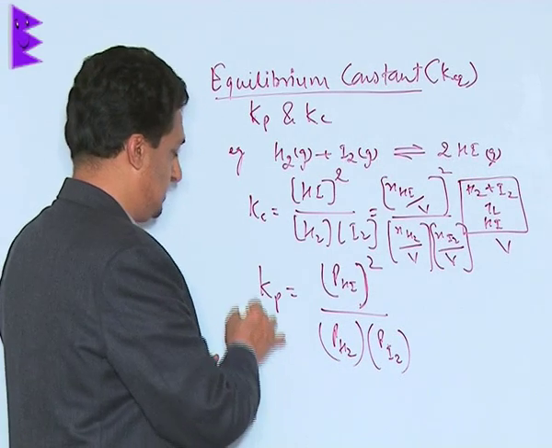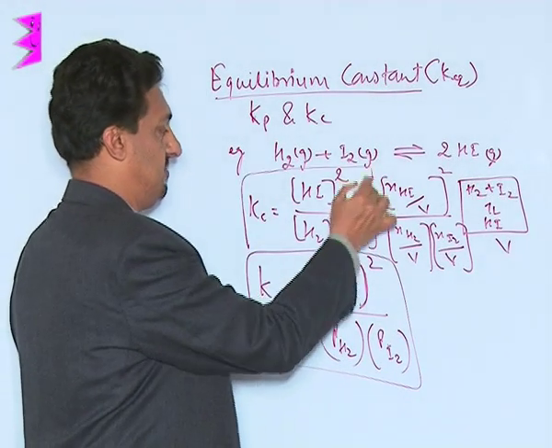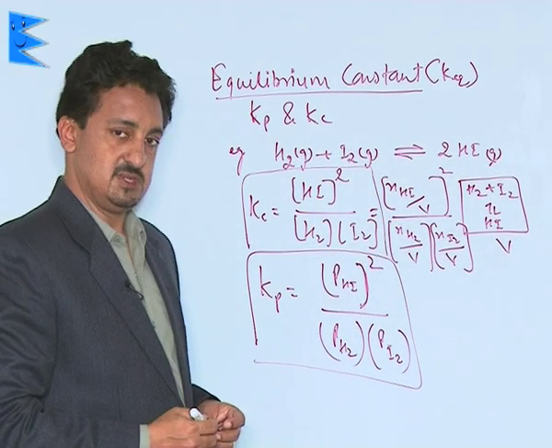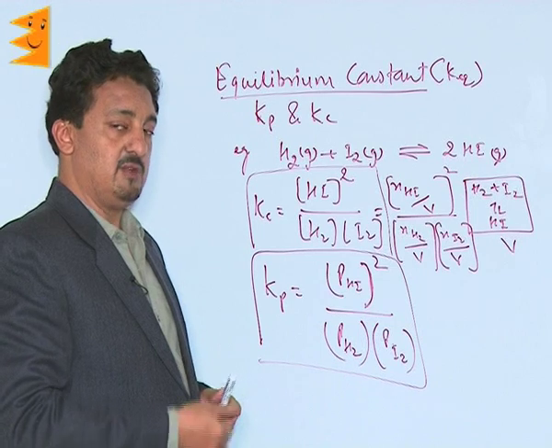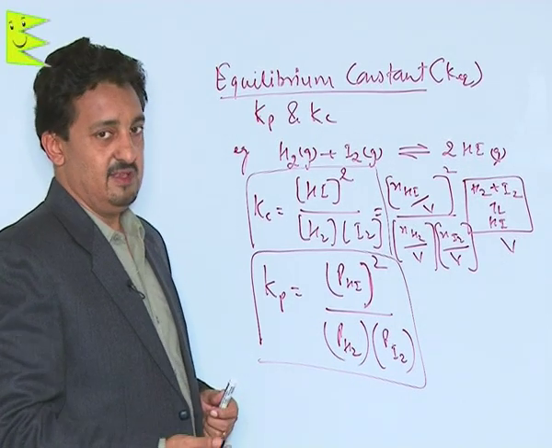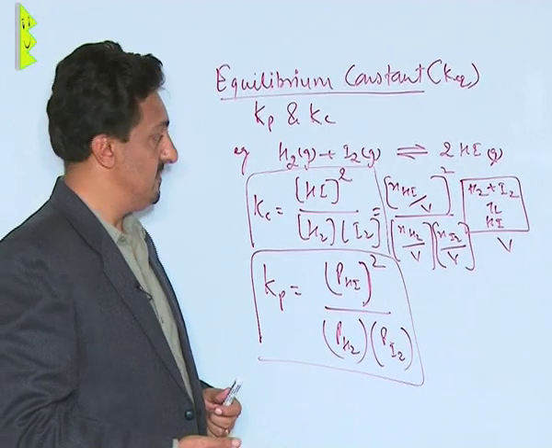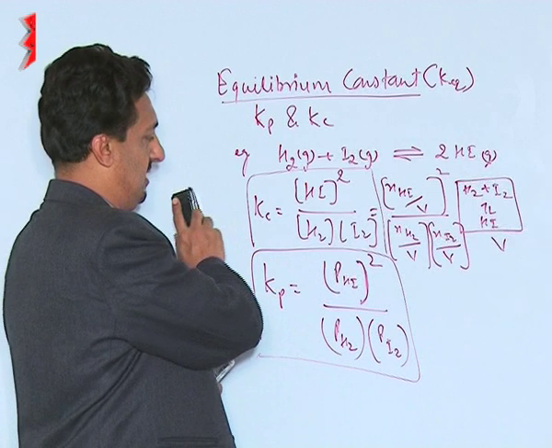So this is its expression in terms of partial pressures. This is its expression in terms of concentration. And it all depends in the numerical in what way the values are given and what exactly the numerical is asking. We can take one more example to make this point very clear.